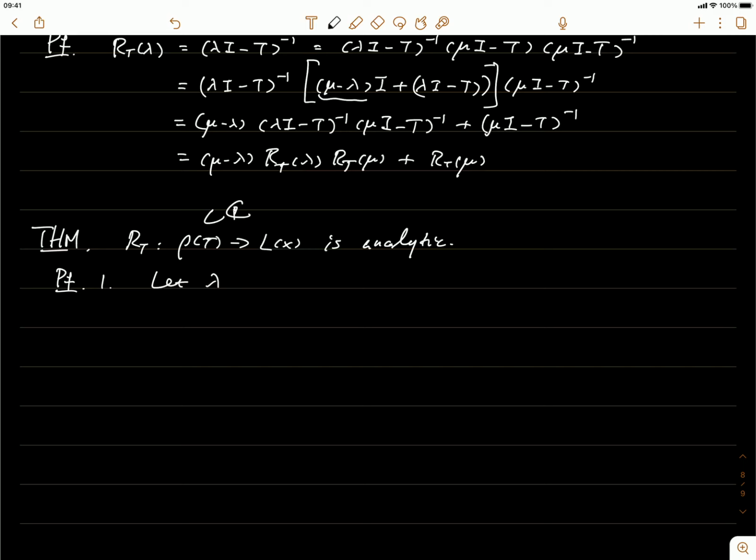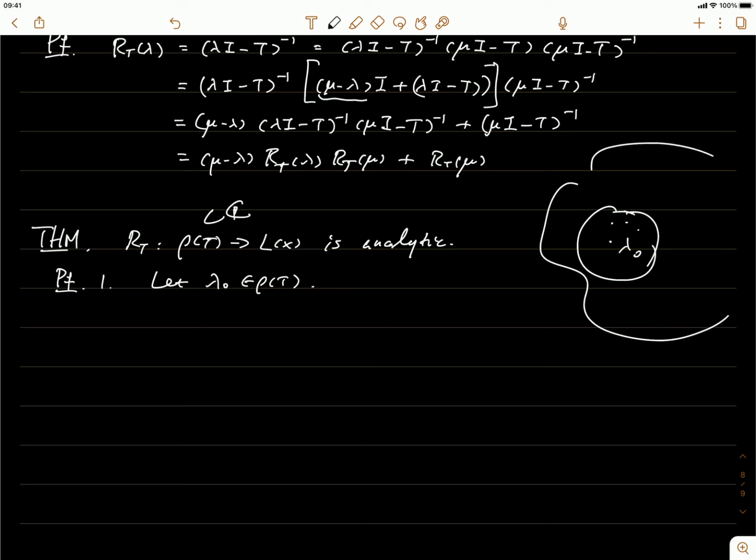Let lambda naught be in the resolvent set. Because rho(T) is open, in the neighborhood of lambda naught, all the points are in the resolvent set.